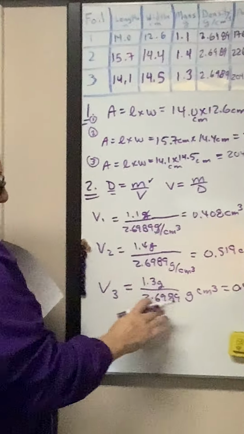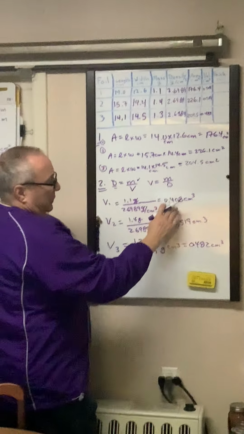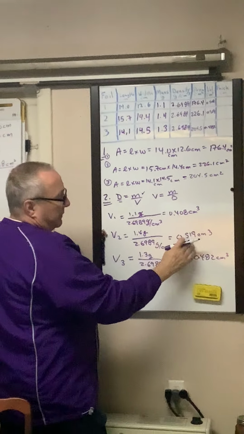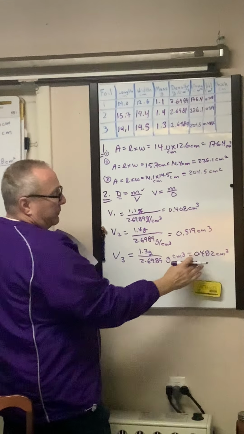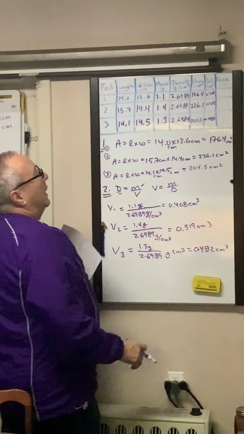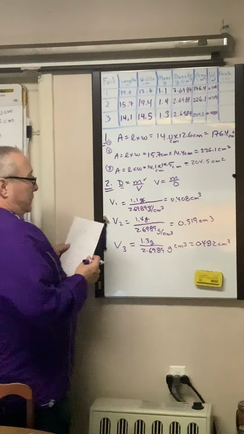Really, these should have two significant figures. This would be 0.41, 0.52, and 0.48, if you were reporting them as your final value.